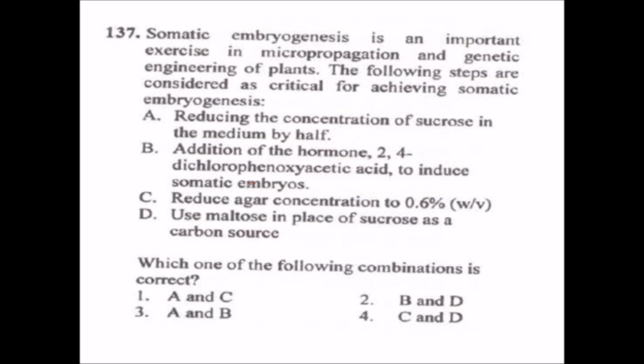Addition of the hormone 2,4-dichlorophenoxyacetic acid to induce somatic embryogenesis is true, and another is that we use maltose instead of sucrose because it is a better source of carbohydrate compared to sucrose. So the answer will be B and D, number 2.